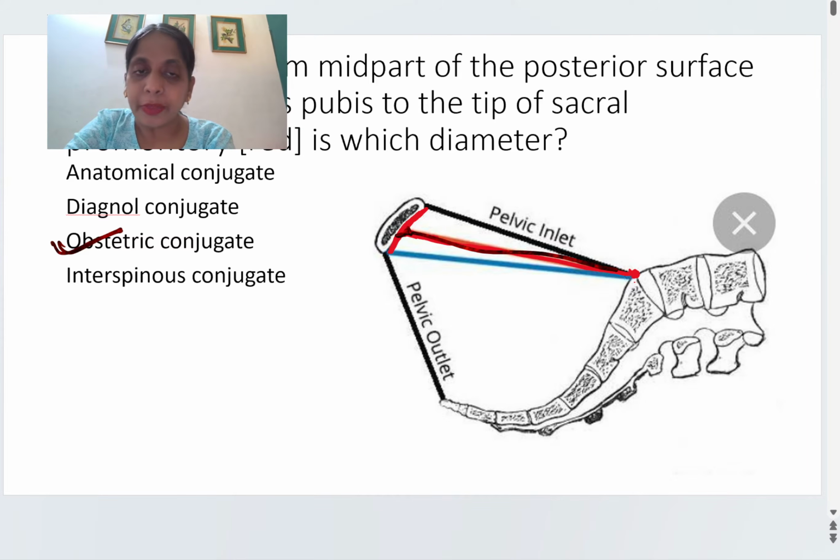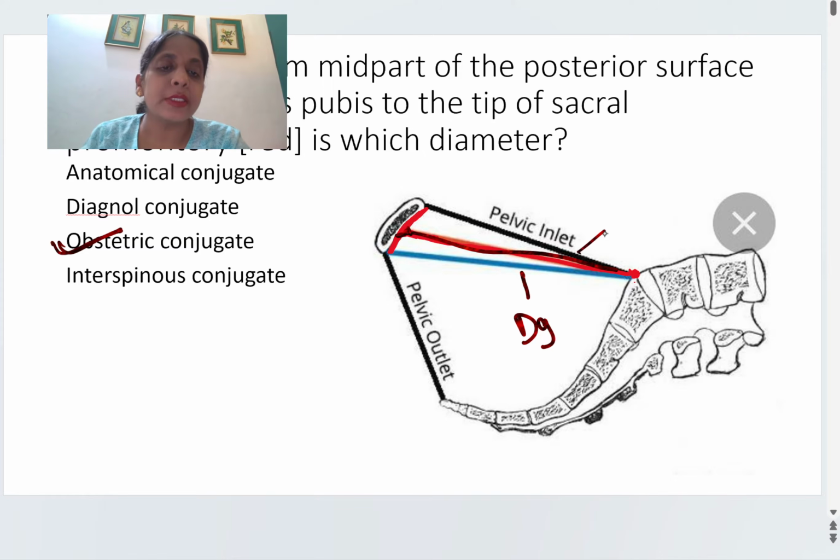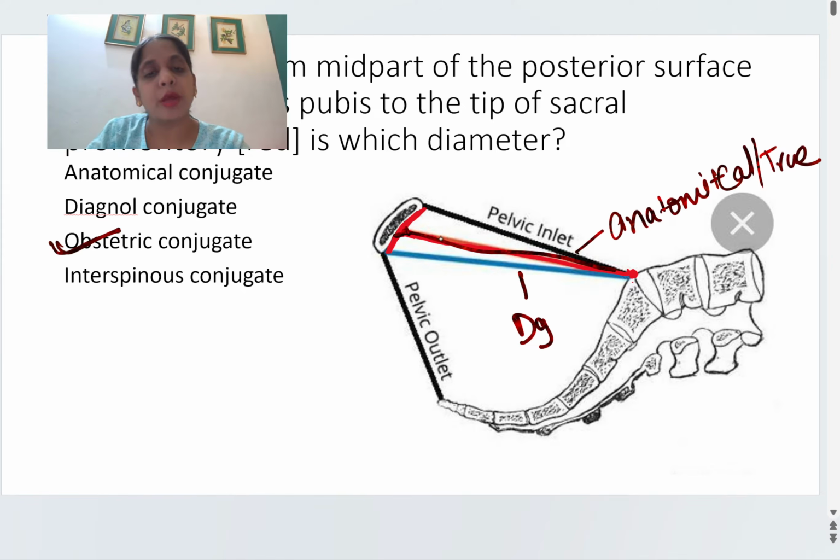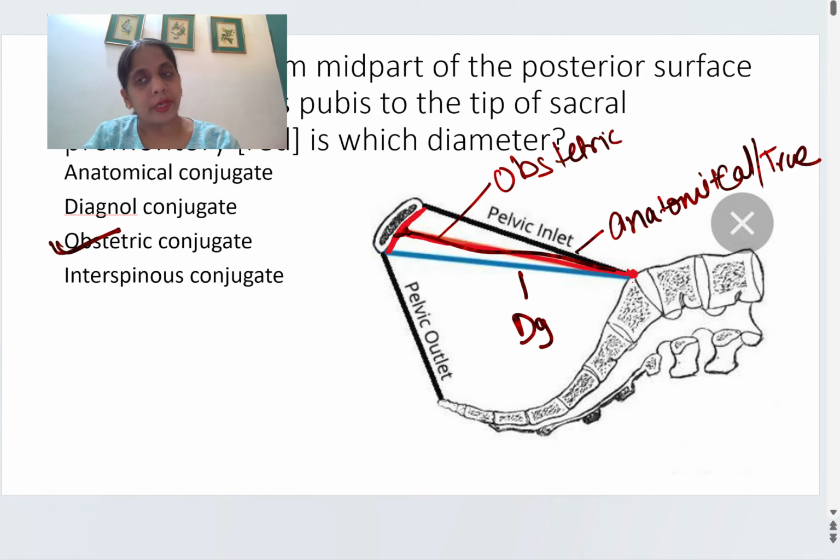It is simple. Diagonal is known as diagonal because here we put the finger diagonally. This is known as anatomical or true conjugate because it is what the anatomy has given us, and this is known as obstetric conjugate because it is very small in size, and it creates problems for the fetus and has its own obstetric relevance.